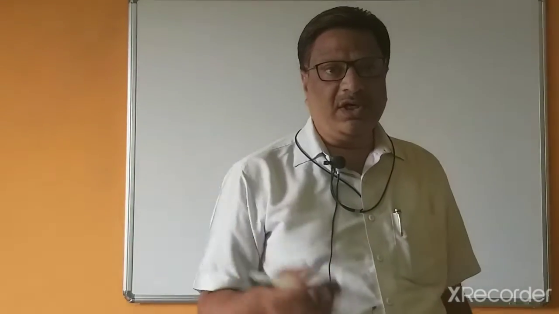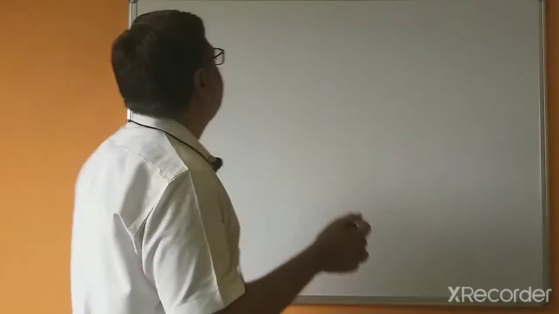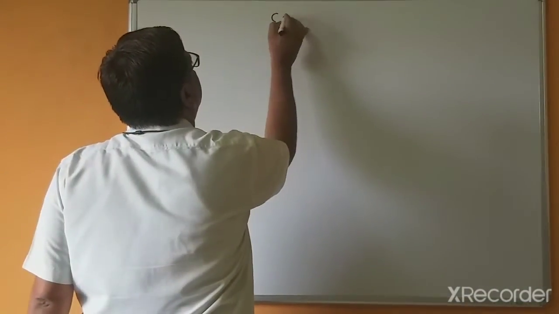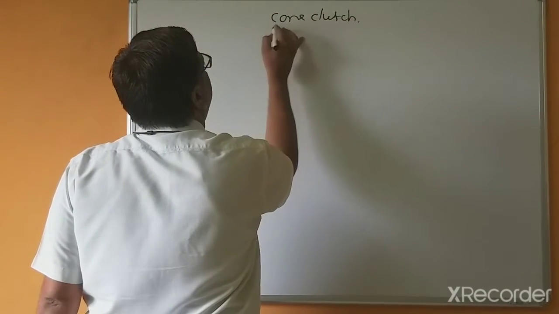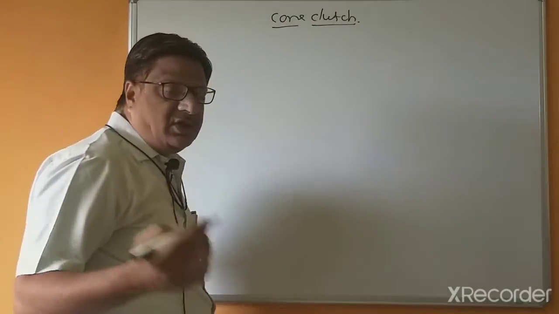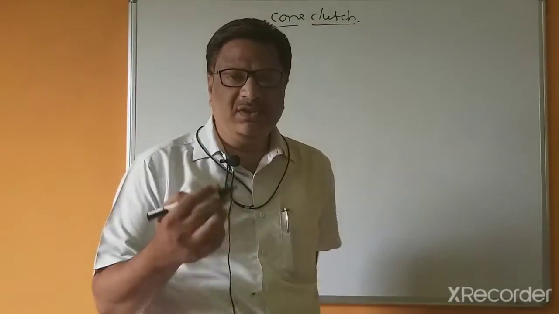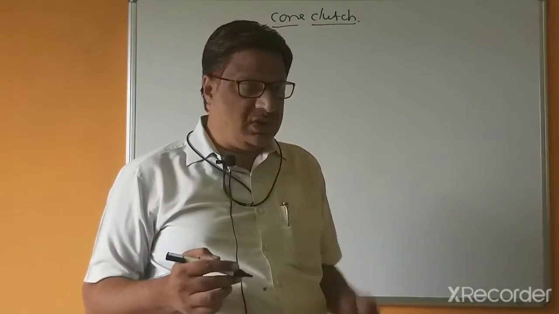Good morning, friends. In the last few lectures, we studied the design of the single plate clutch and multi plate clutch. The second type of clutch, that is the cone clutch, we will study in today's class. Cone clutch. If there are limitations of space, then we can use a cone clutch.